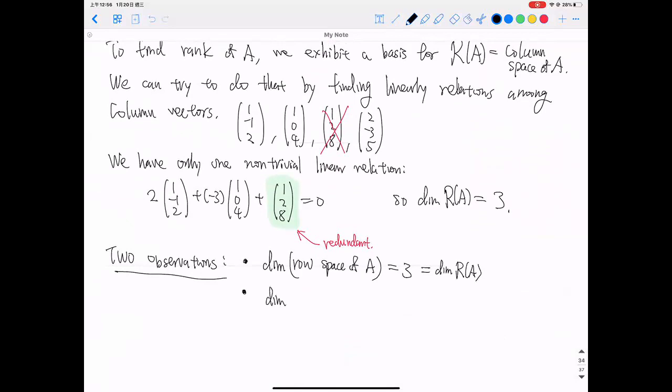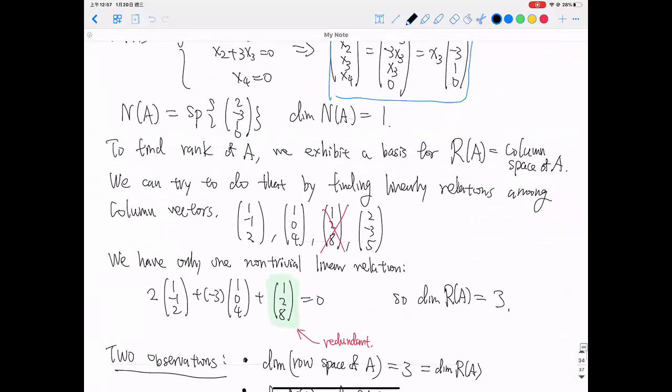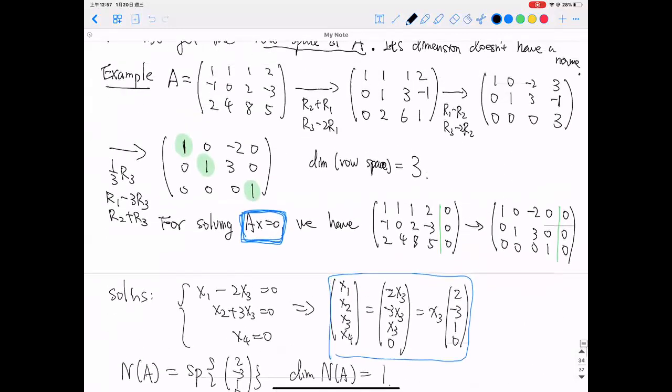If you now add the dimension of the null space with the dimension of the range, you have 1 plus 3, that's 4. And the number 4 appears here.